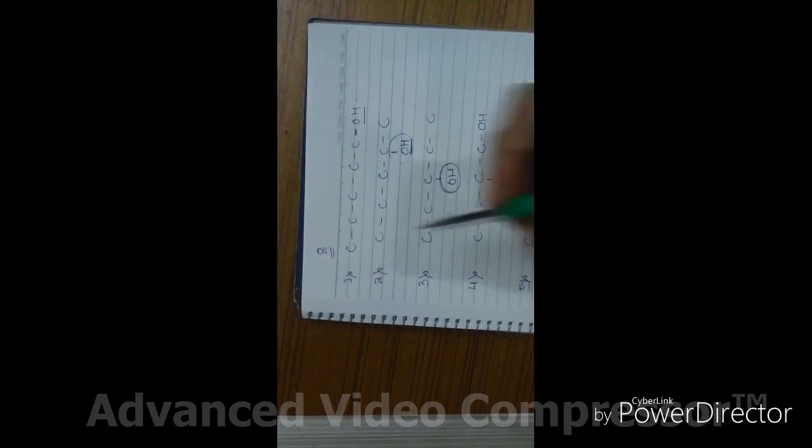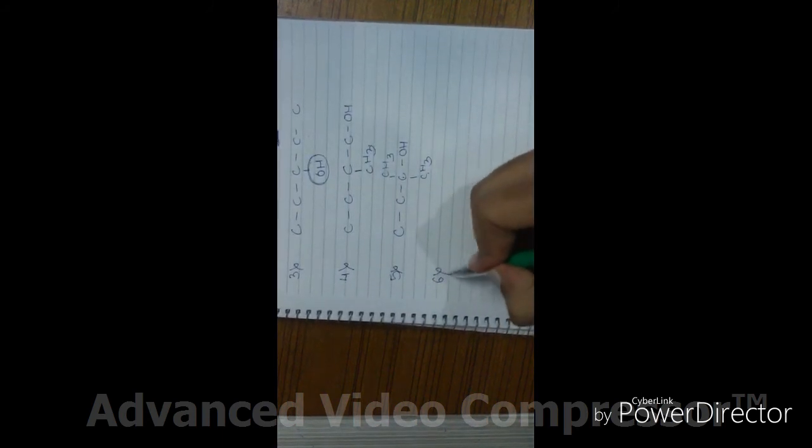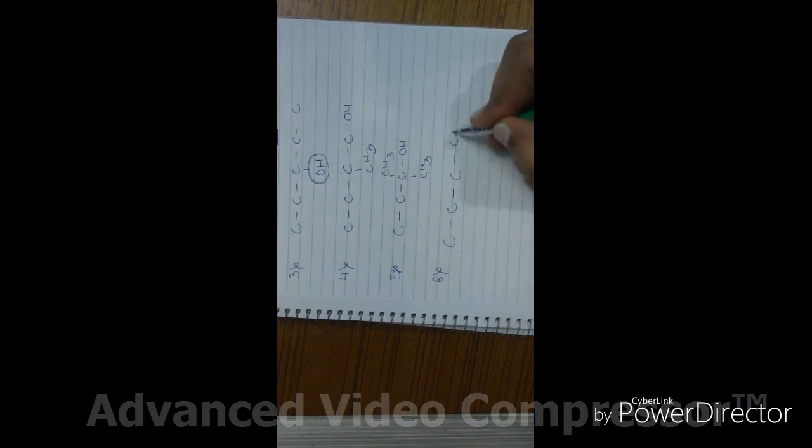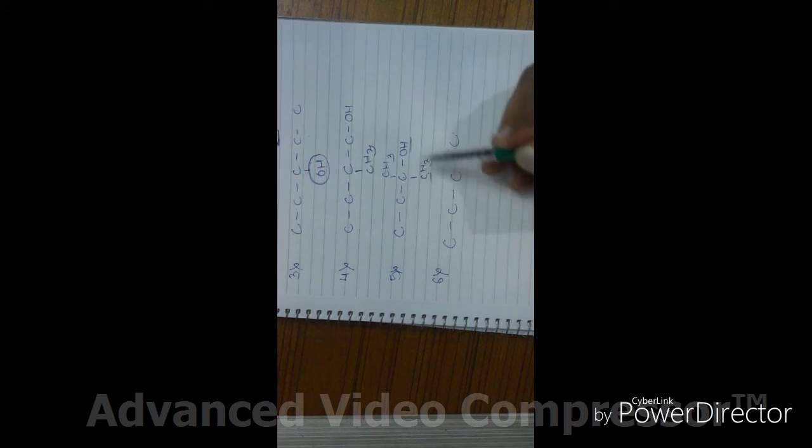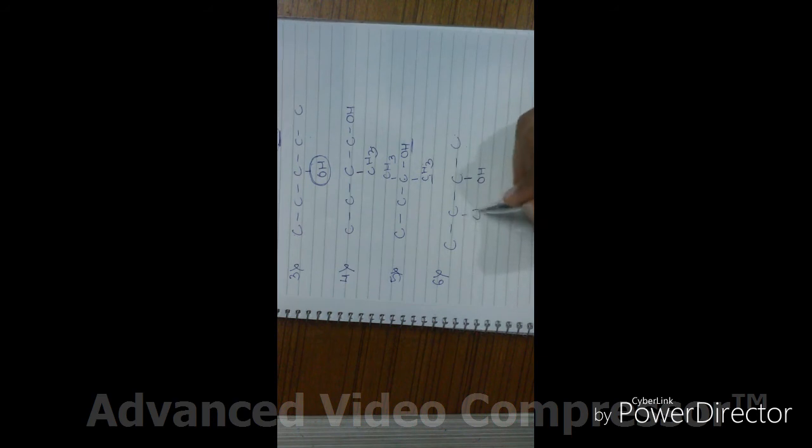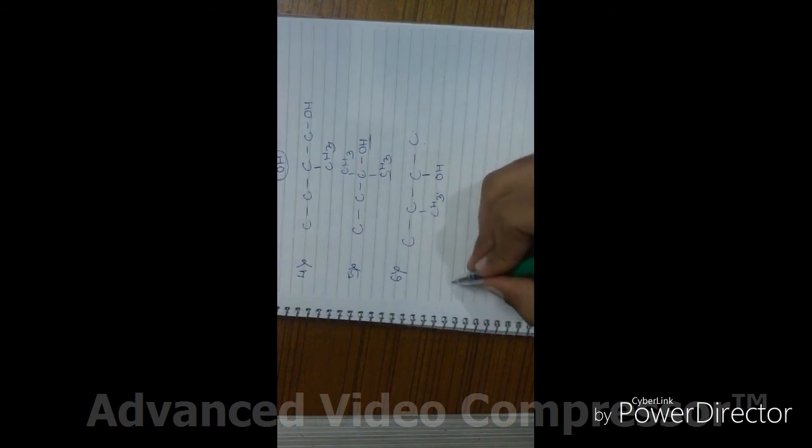We have to know 8 isomers. Now sixth: 1 2 3 4. Now change the position of both the substituent and the functional group. Here OH and here CH3. 6 isomers are present. Then 7.